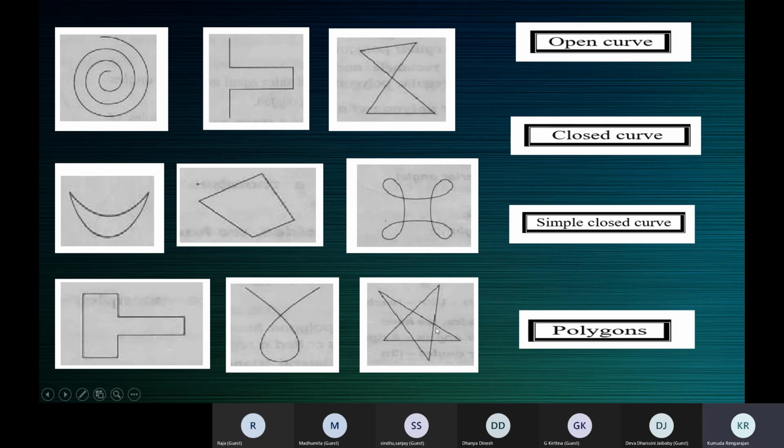Then like this. Then like this. Sorry, just 1 minute. I'm not able to move the cursor over it correctly. Yeah, like this. Then like this. Then this way, like this. Then like this. And come back here. So you can draw this without lifting the pencil.